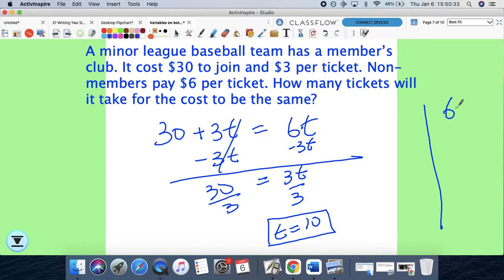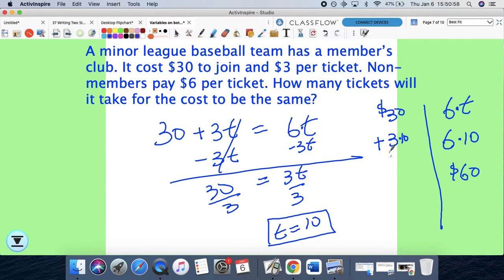So if you're spending $6 per ticket, and you buy 10 tickets, which means 10 games that you attended, you spent $60. The other one, the membership, you pay $30 up front, and because you paid $30, every ticket that you buy now is $3. So $30 plus 3 times 10, and 3 times 10 is 30.